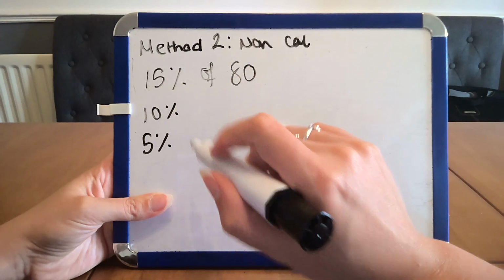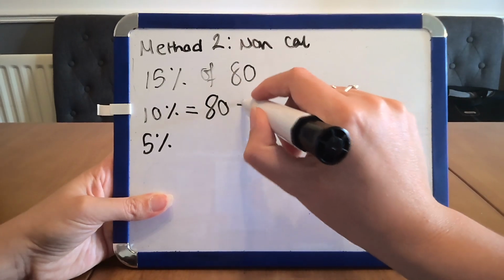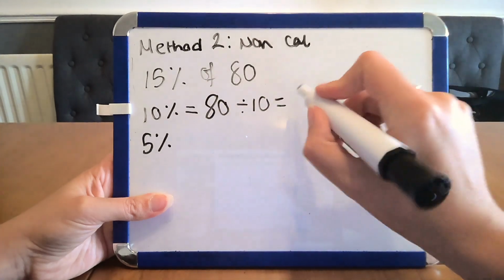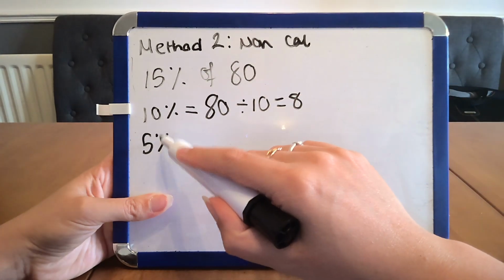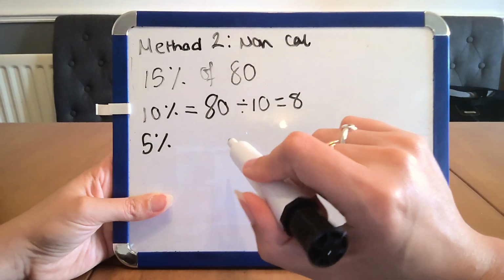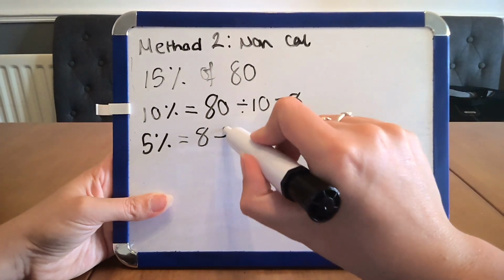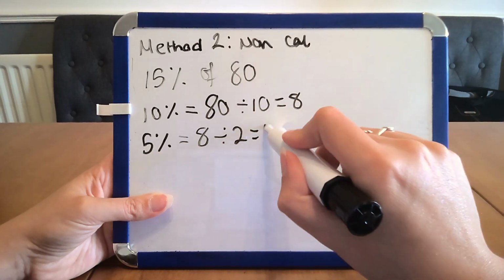To find 10% of a number, you take your number and you divide it by 10. To then find 5%, because what you've done to 10 to get 5 is divided by 2, you do the same thing to the answer. So we take the answer to our 10% being 8 and we divide it by 2, which is 4.